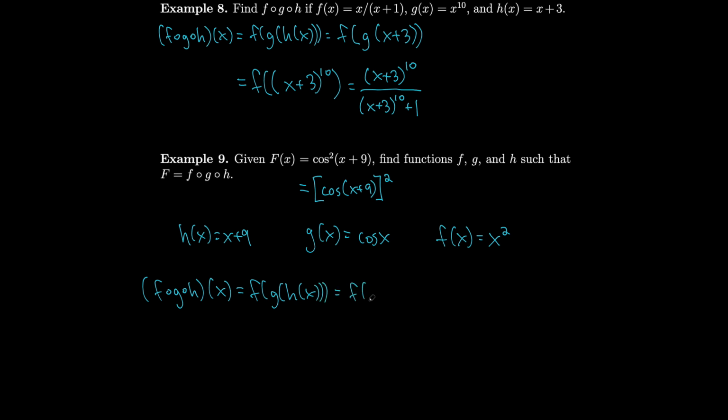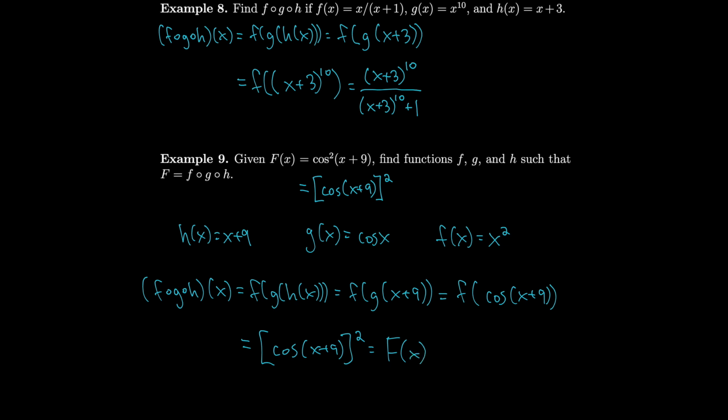And that's f of g of, let's see, we made h x plus 9. And we made g cosine, so that's cosine of x plus 9. Okay, well that's nice, because f was just a square, so that's cosine of x plus 9 squared, which is just capital F of x. Exactly what we wanted.